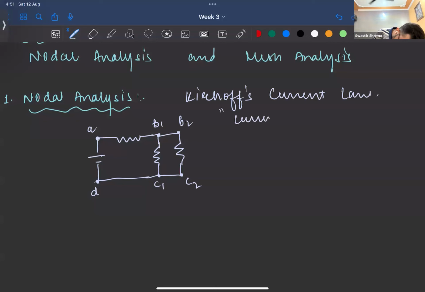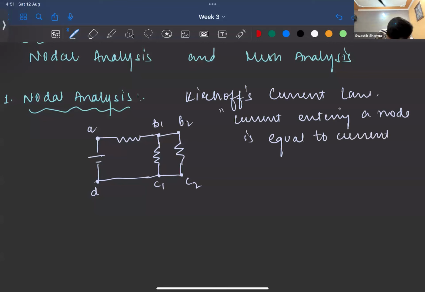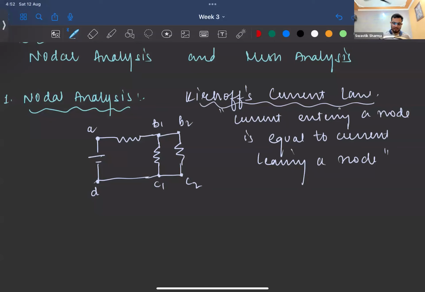Nothing but current entering a node is equal to current leaving a node, which is based on the fact that charge can neither be created nor be destroyed. It can only travel from one place to the other. And hence, from that law of conservation of charge, this law is derived, right?